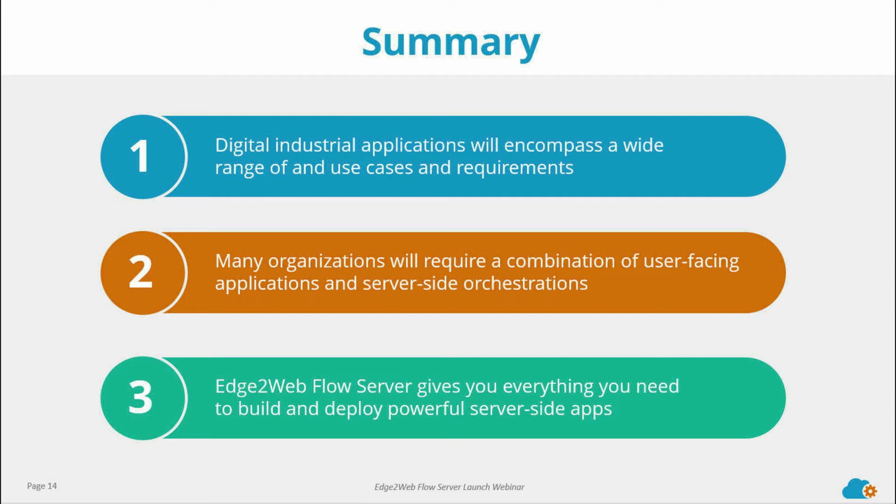FlowServer gives you everything you need to build and deploy those server-side apps, and it works in very close coordination with Director for scenarios where you want to build a server-side infrastructure that does batch processing of data, delivers the derived values back to MindSphere, and then makes them available to your interactive applications that are built in Director.